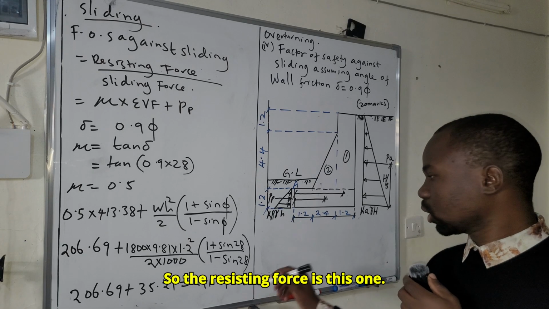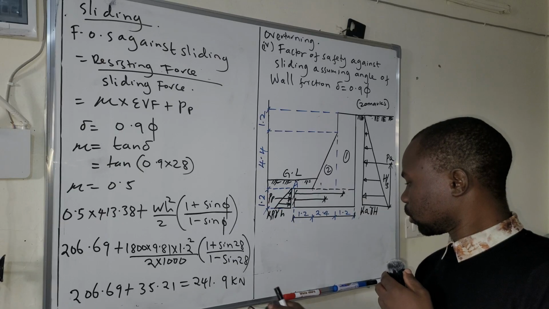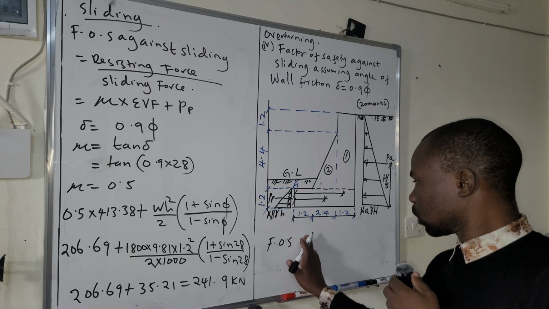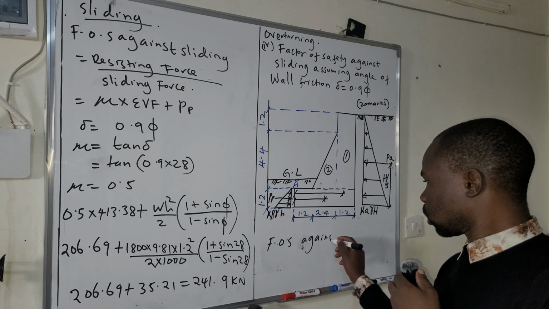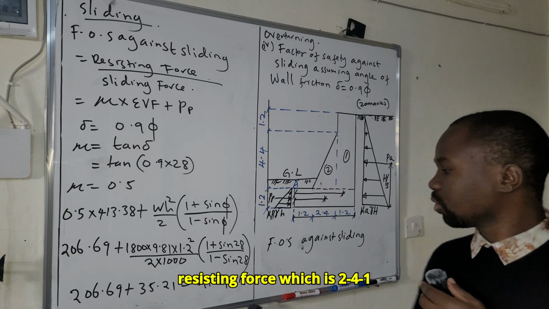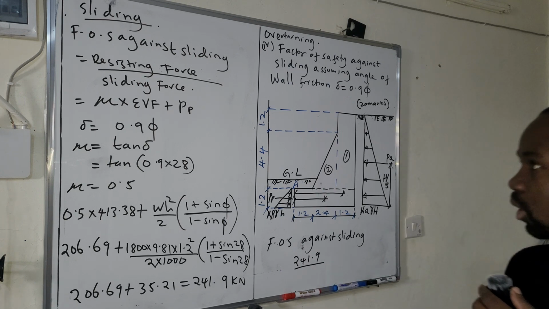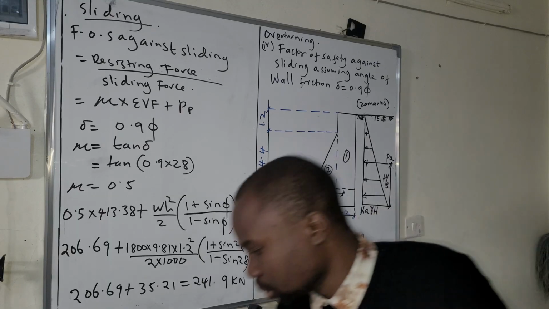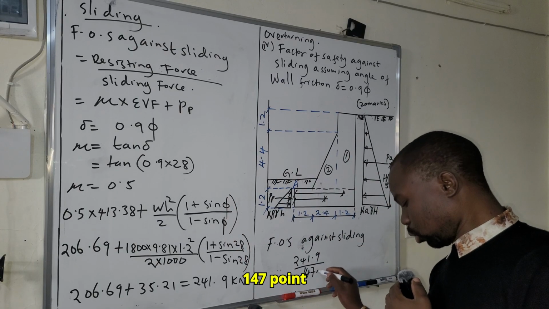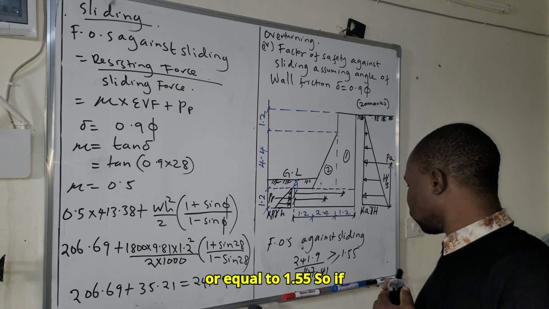And then we proceed to factor of safety against sliding, which is resisting force over sliding force. So the resisting force is this one, 241.9, over the sliding force, which is PA, and our PA here is 147.41, and it should be greater than or equal to 1.5.